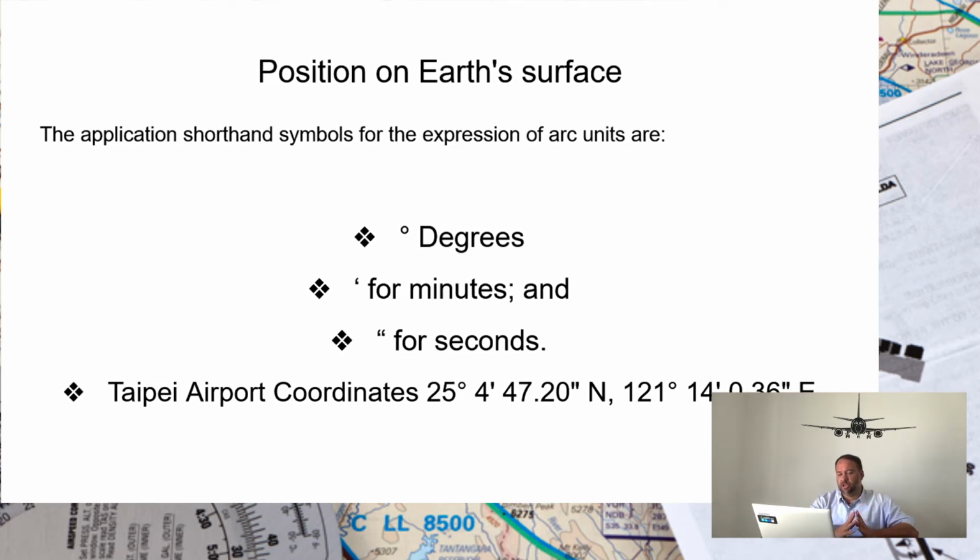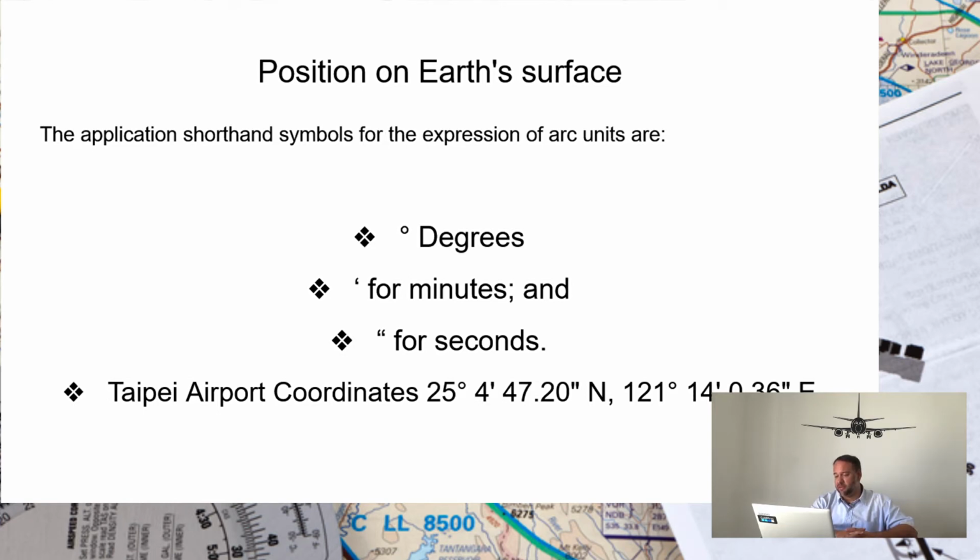The application of shorthand symbols for the expression of arc units: the symbol for degrees, the symbol for minutes, and the symbol for seconds. So I took the Taipei airport coordinates.